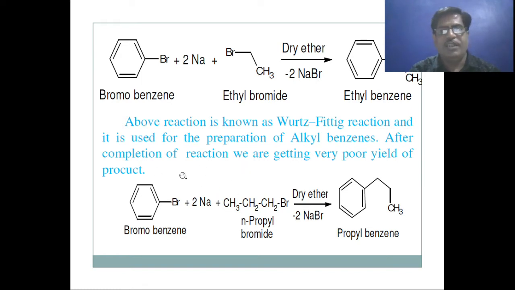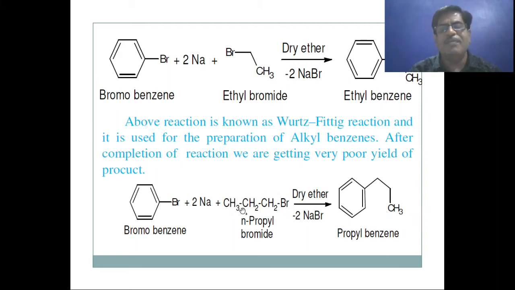Another example of this Wurtz-Fittig reaction: bromobenzene reacts with normal propyl bromide in the presence of sodium and dry ether. Here sodium bromide is the byproduct and propyl benzene is formed.